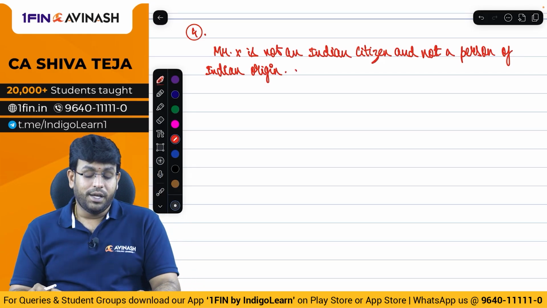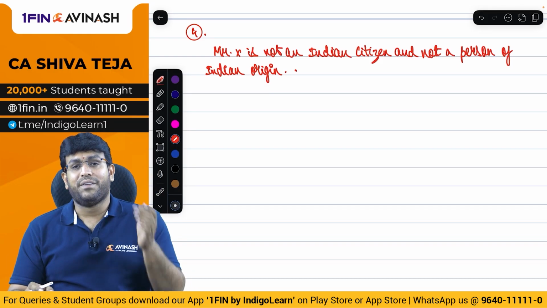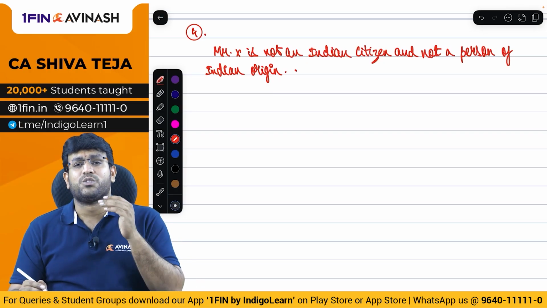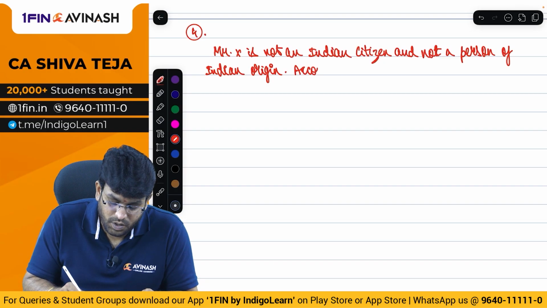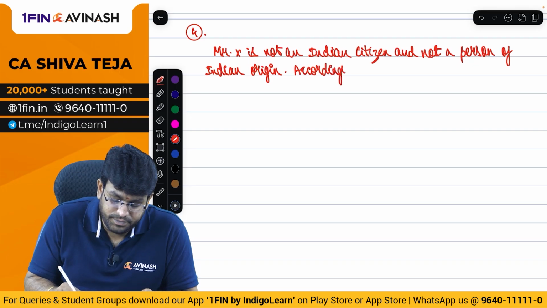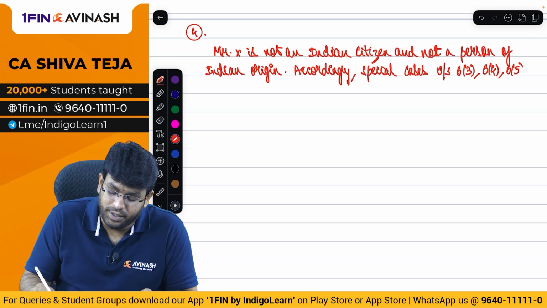Come on friends, what is the line? He is not an Indian citizen and not a person of Indian origin. And when he is not an Indian citizen and not a person of Indian origin, accordingly, special cases under sections 6.3, 6.4, 6.5 do not apply.